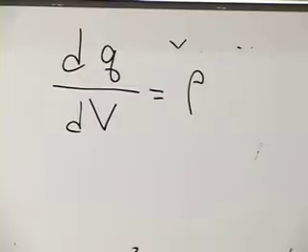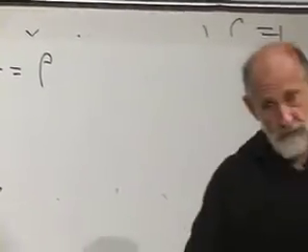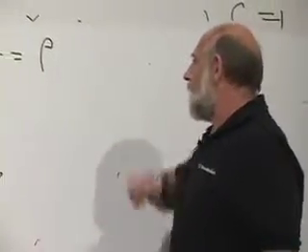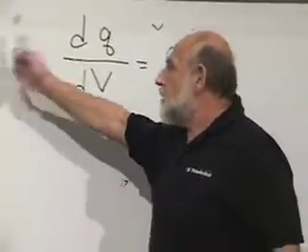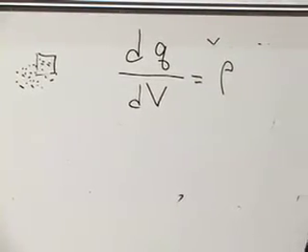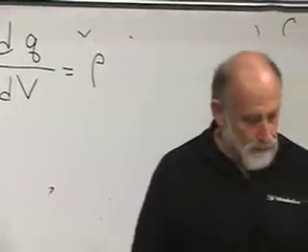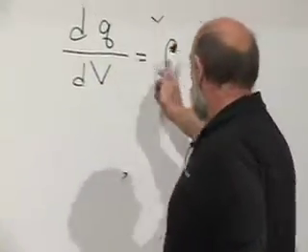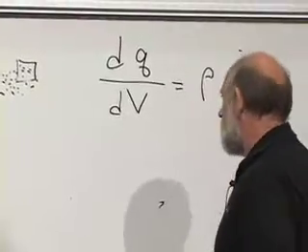So it could vary from place to place. You can have regions with heavy charge density, regions with light charge density. And in calculating this, you add up the plus charges, you subtract off the minus charges, all the obvious things, add the protons, subtract the electrons, and get a net charge density in each region of space.